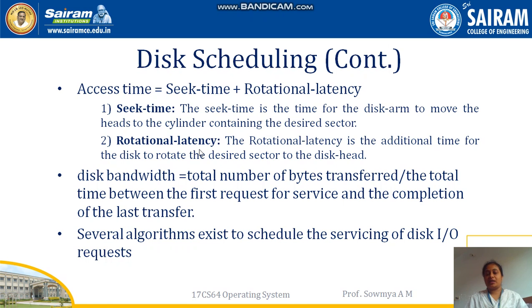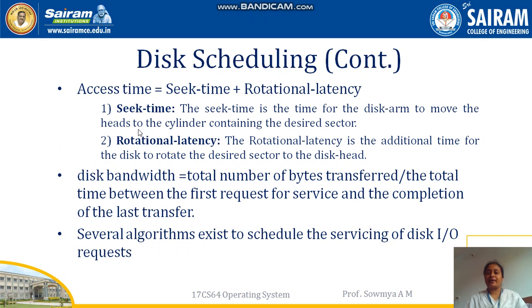Then rotational latency: once you find the sector, that sector has to be rotated to the read-write head of the disk. So rotational latency is the movement of the sector to the read-write head.